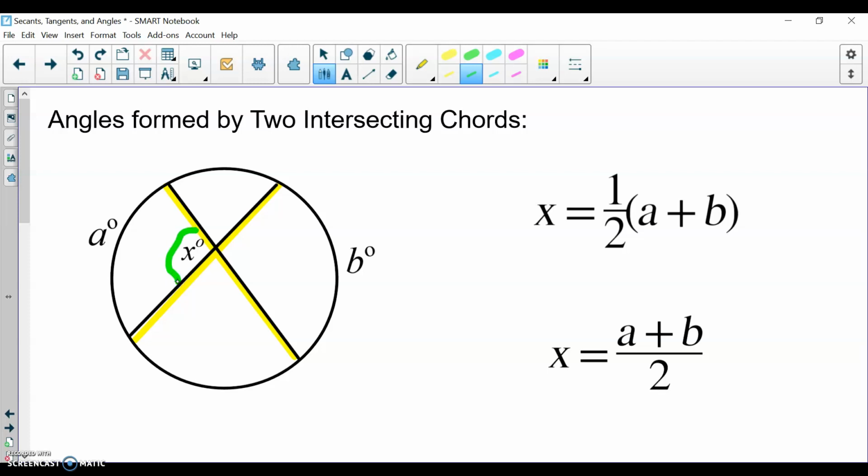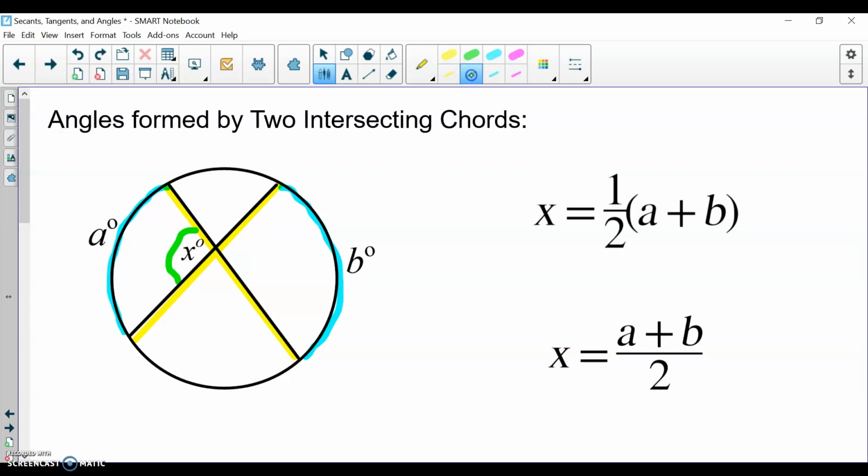So the relationship here that they give within the formula, they're presenting you the relationship between angle X and the two intercepted arcs. You have arc A and then the arc over here B. So the formula that relates these three components, A, B, and X, is as follows, and both of these formulas represent the same thing.